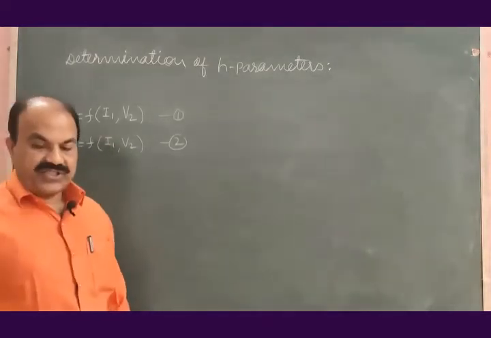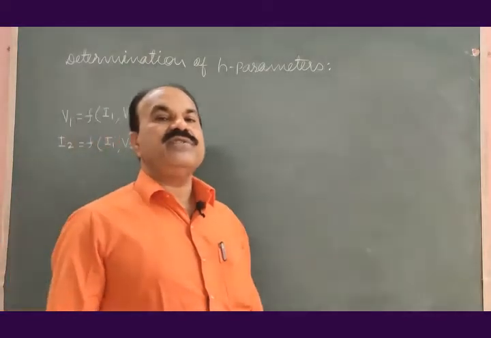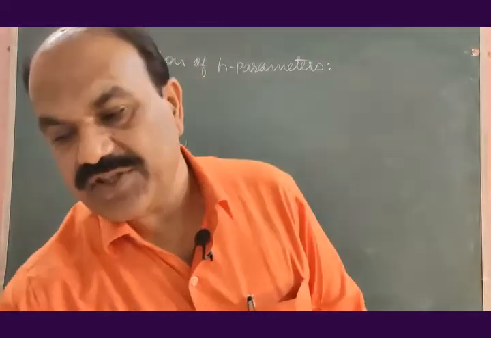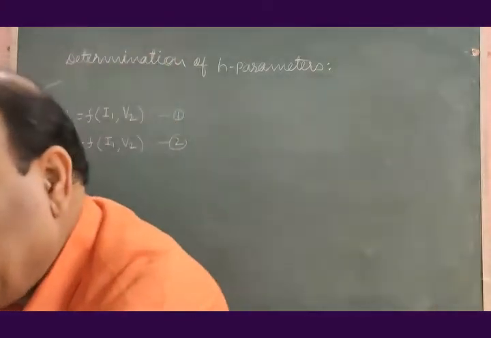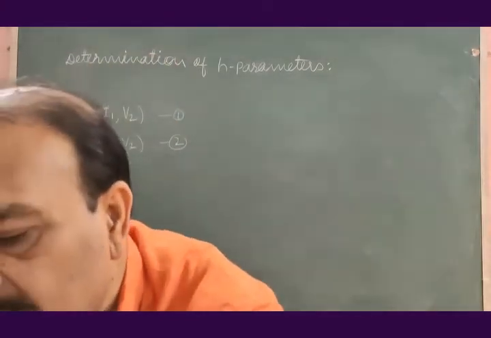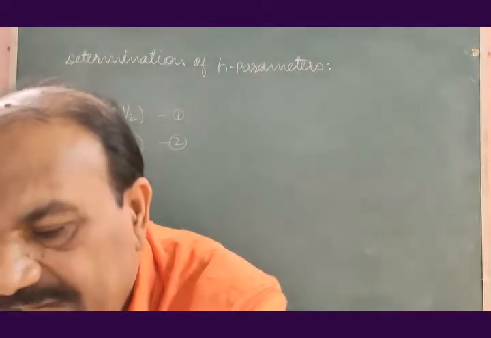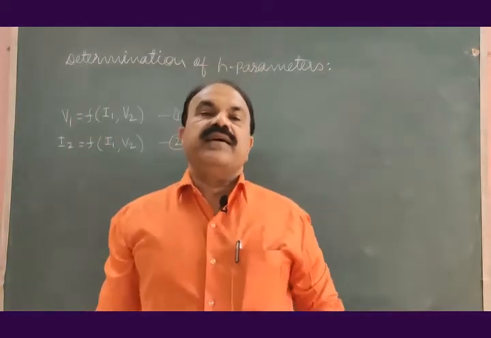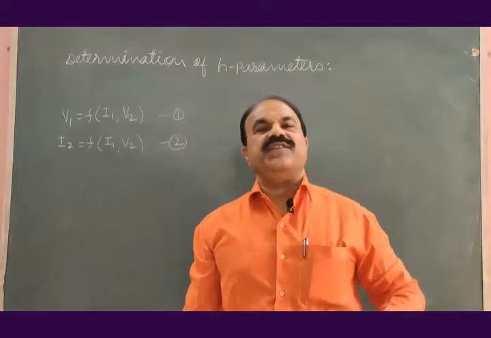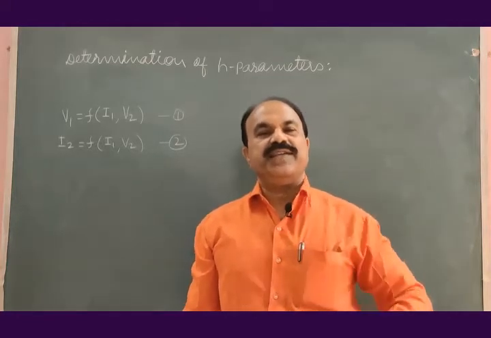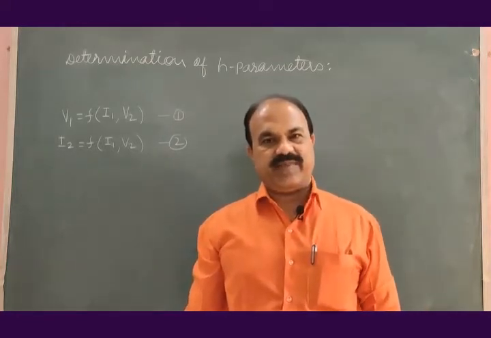We know transistors are always working with AC voltages and AC currents. As transistors are working with AC voltages and AC currents, there are changes in AC currents and AC voltages as time passes.